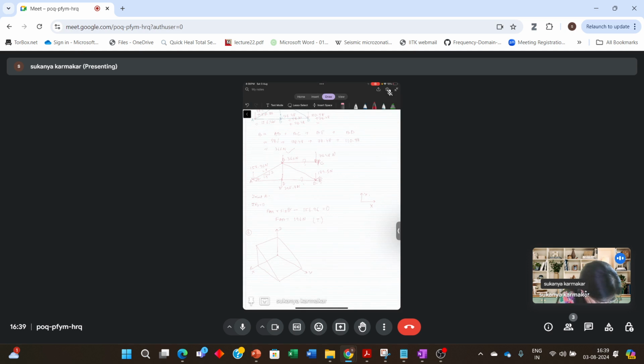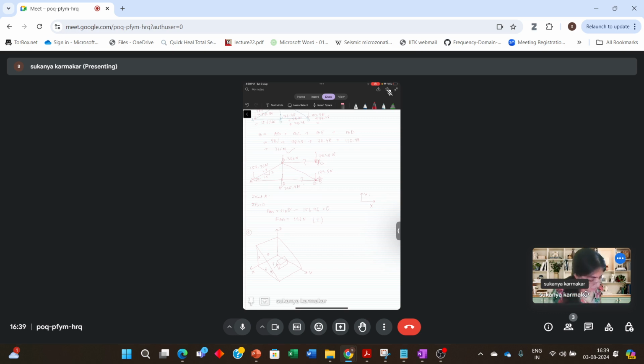Then let this side be 3, this side be 4, this side be 5, this angle is theta. And you have a shoe on this inclined surface. I'm trying to draw it. And you are applying a force in this direction.